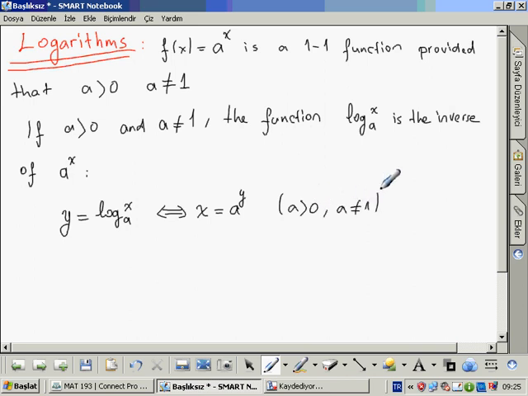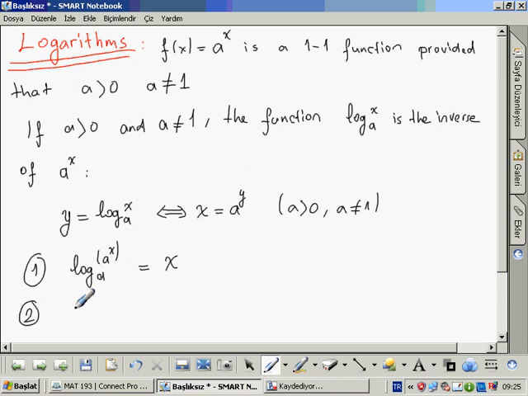Okay, so that's the logarithm function, and we must know the cancellation identities about this logarithm function. The first one, don't forget it: the logarithm of a to the x to the base a equals x. This is cancellation identity 1, for all real x.